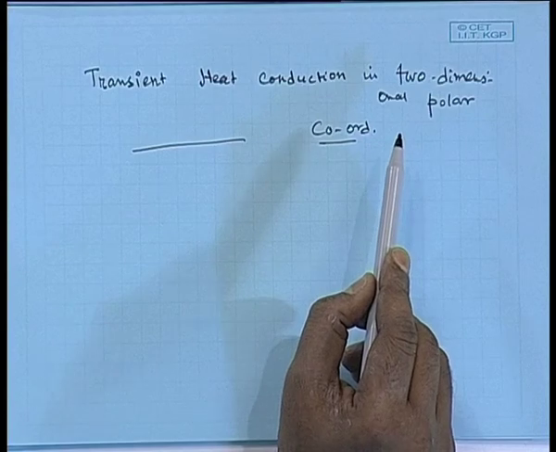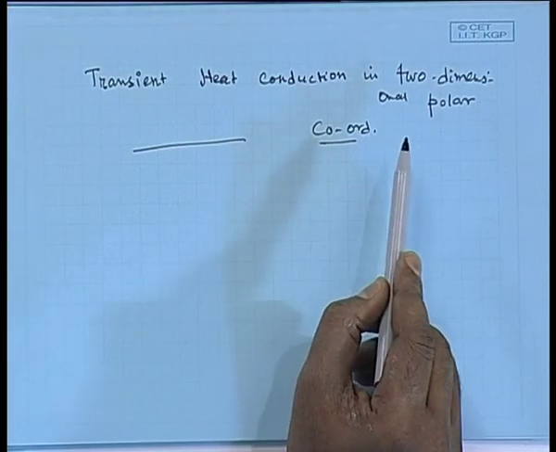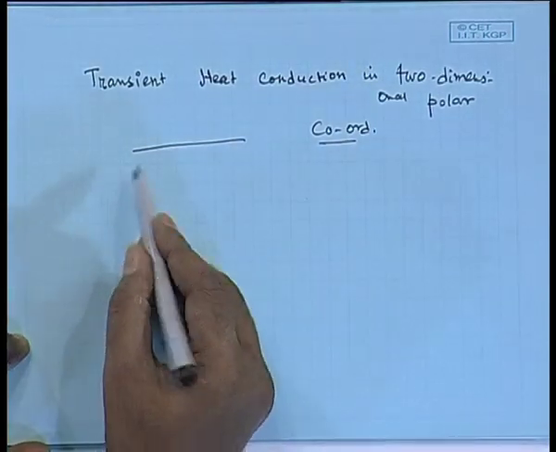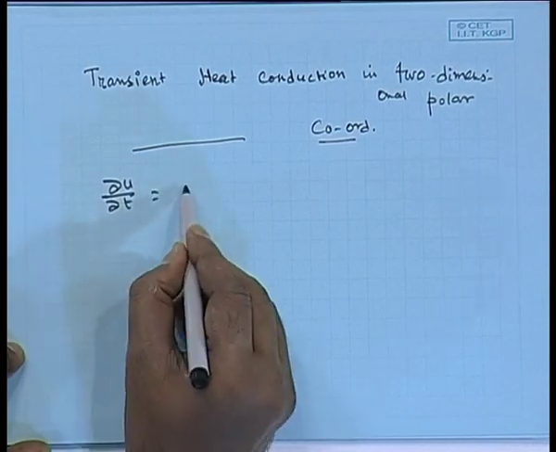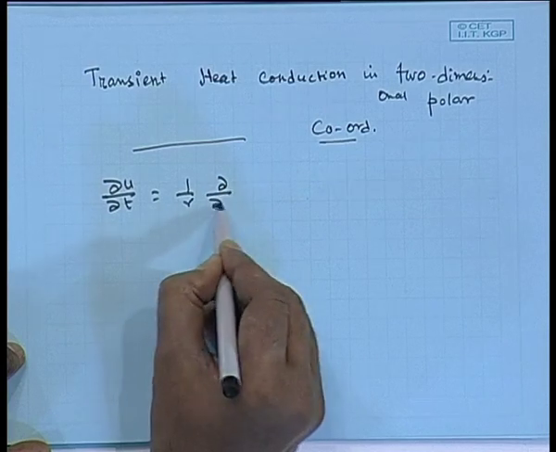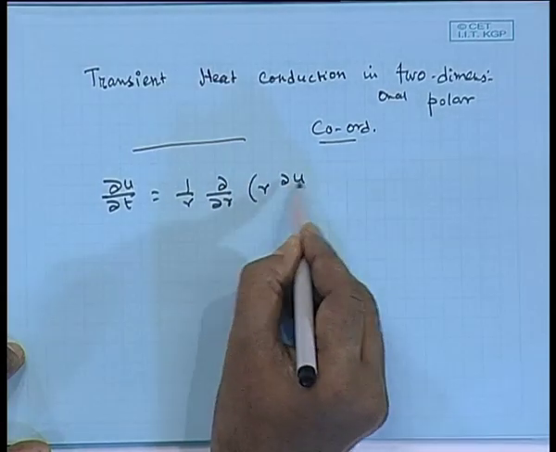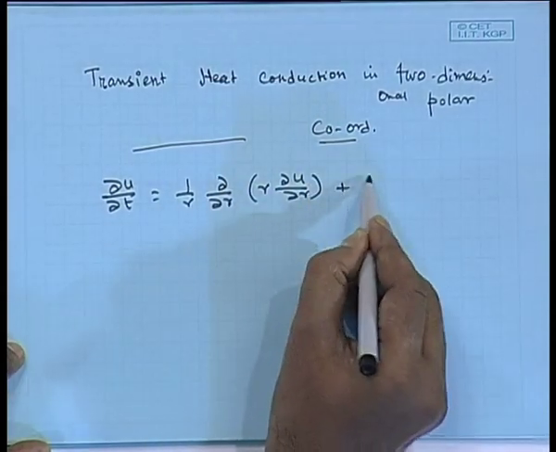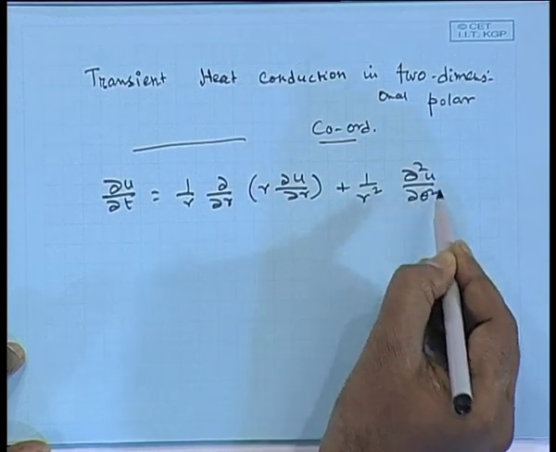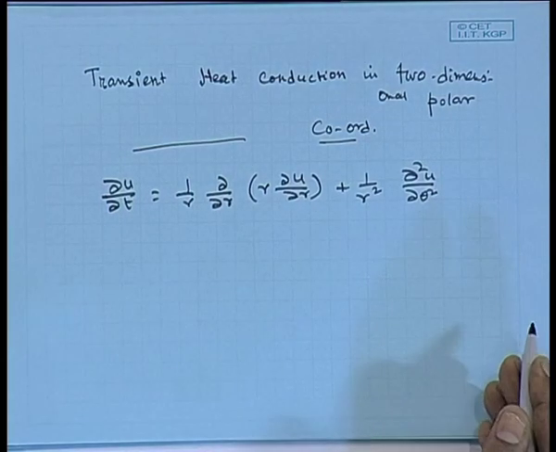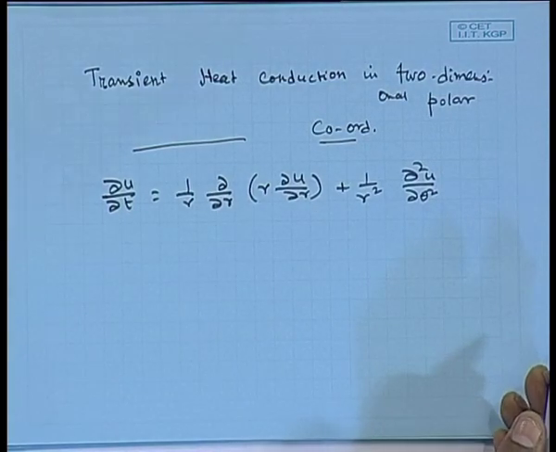So, it is basically a 2-dimensional problem. Now, it has become a 3-dimensional problem. Okay. The governing equation of temperature, you can write as del u del t is 1 over r del del r of r del u del r plus 1 over r square del square u del theta square. We can assume the z dimension is too long and all the variations in z direction will be neglected.